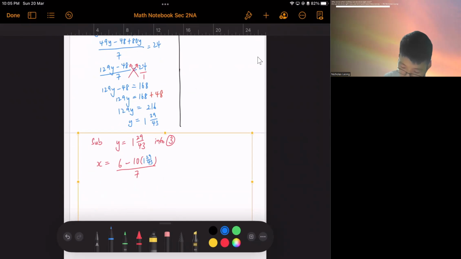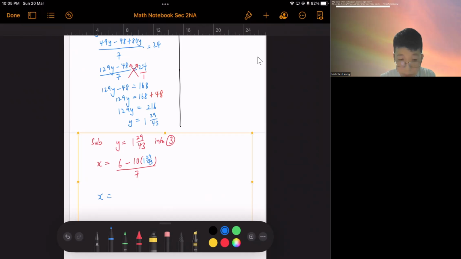All I need to do is press it in the calculator and you get the answer. So 6 minus 10 bracket 1 whole and 29 over 43 close bracket. So I get negative 10 whole 32 over 43. Then now I need to divide by 7.